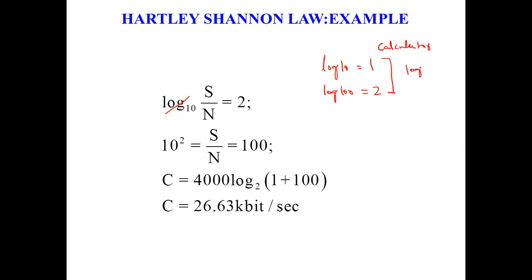Similarly, log 1000 is equal to 3. So log 100 minus log 10 will give you a value of 1. This value is called 1 decade. We are not interested, but I just told you. When you put the log on both sides, the logarithmic value gets cancelled.